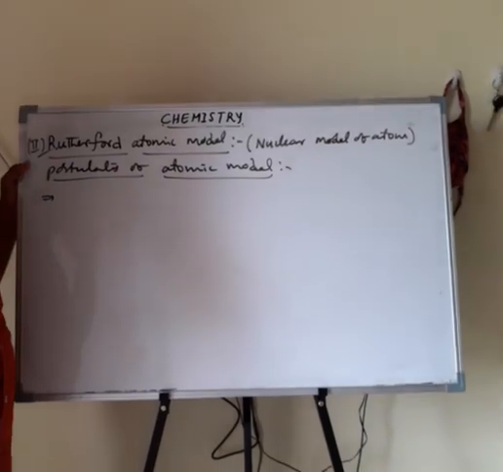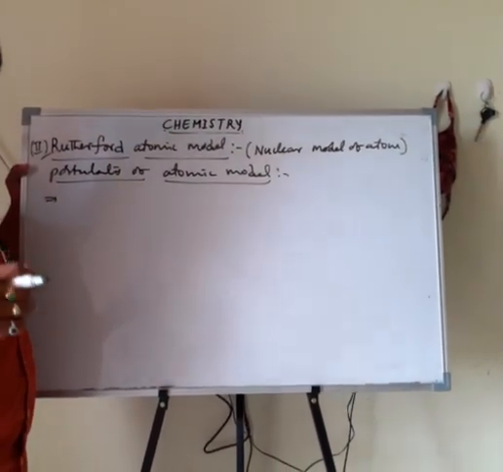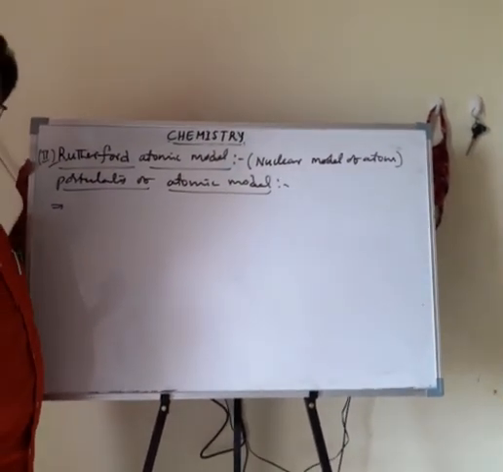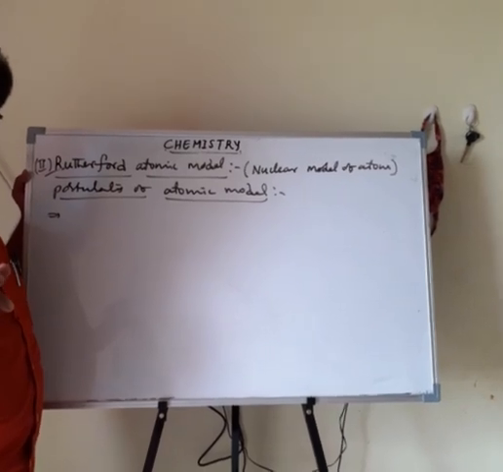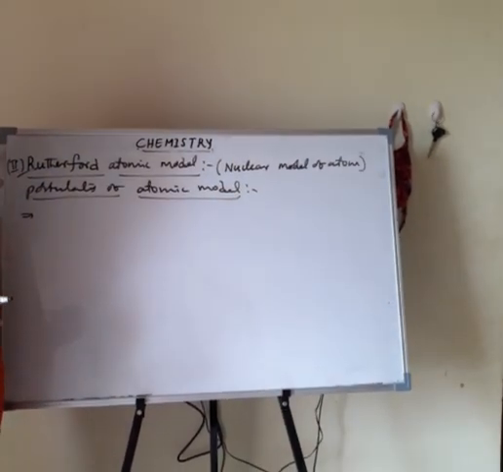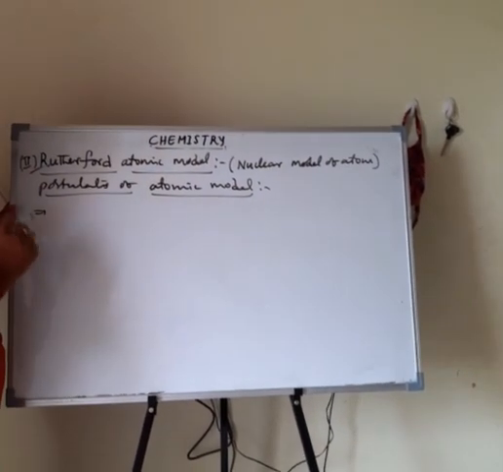Point number 1. The total mass of the atom, or total positive charge, is concentrated in a small region at the center of the atom. That is called the nucleus. That is the first point.